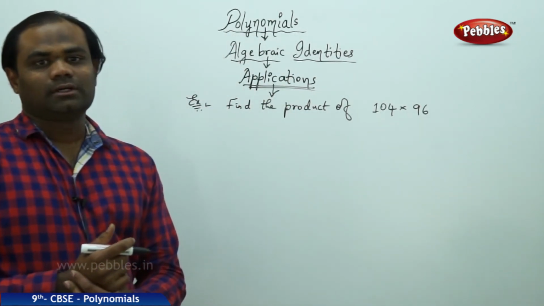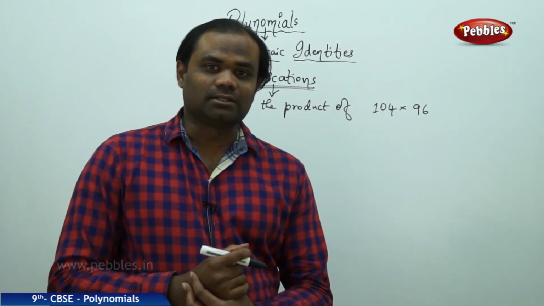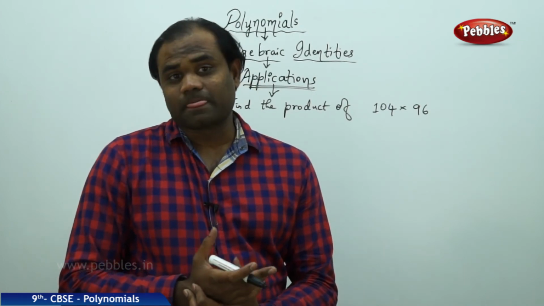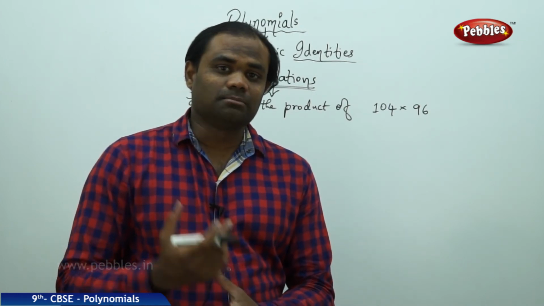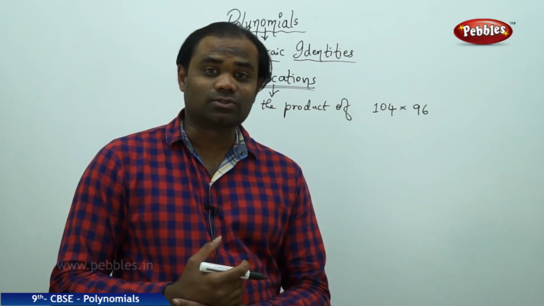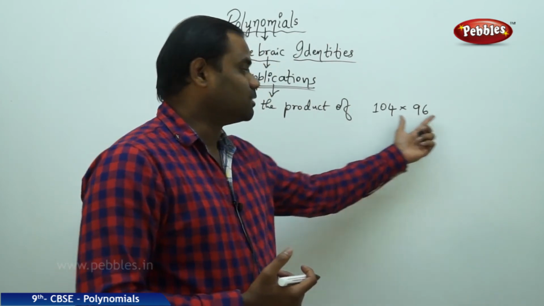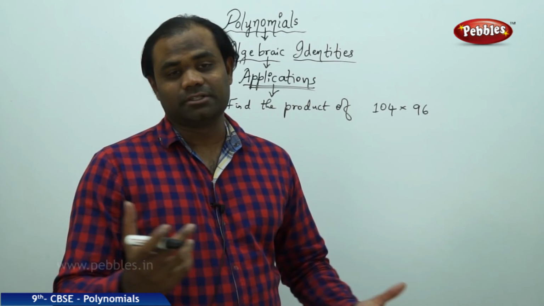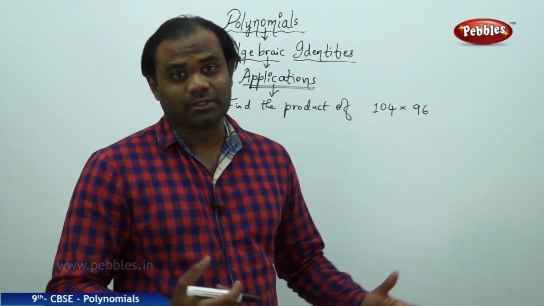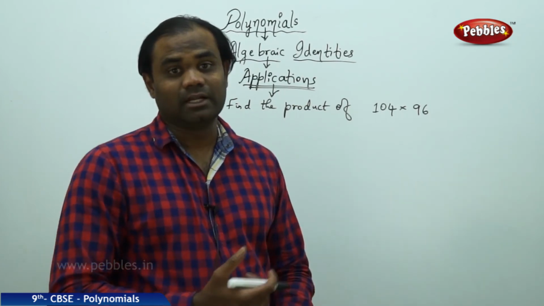Then we can do this by using the calculator or with general multiplication, but without using the simple multiplication process, we can also multiply the two numbers using the algebraic identities. Interesting, but yes, it can. Let's see how.